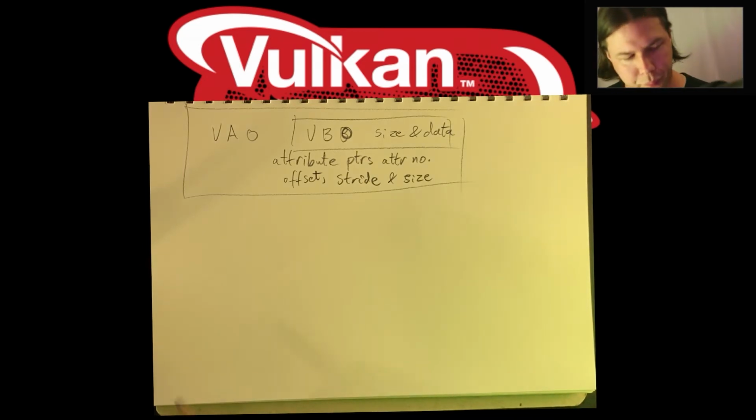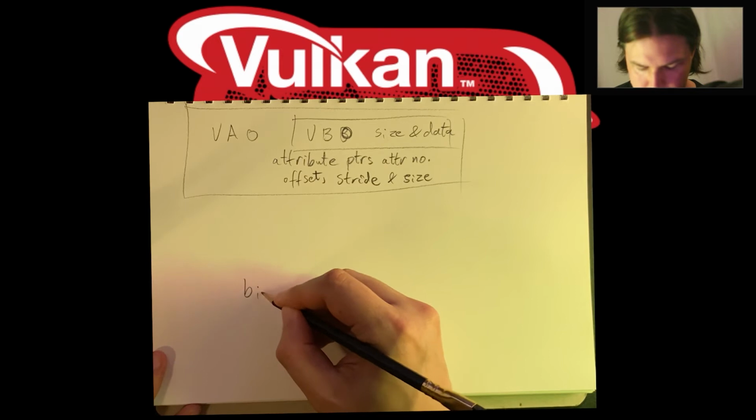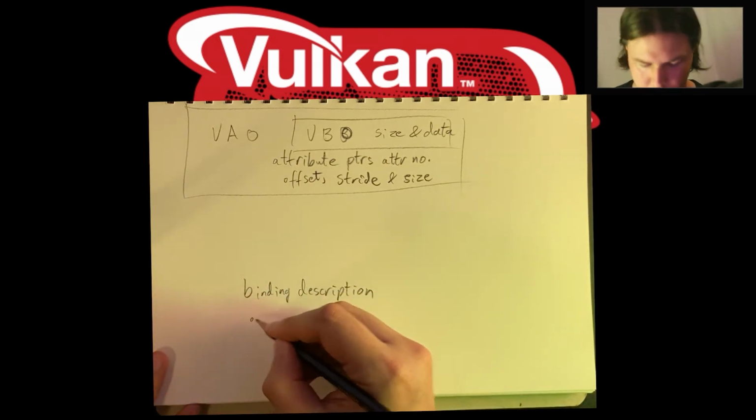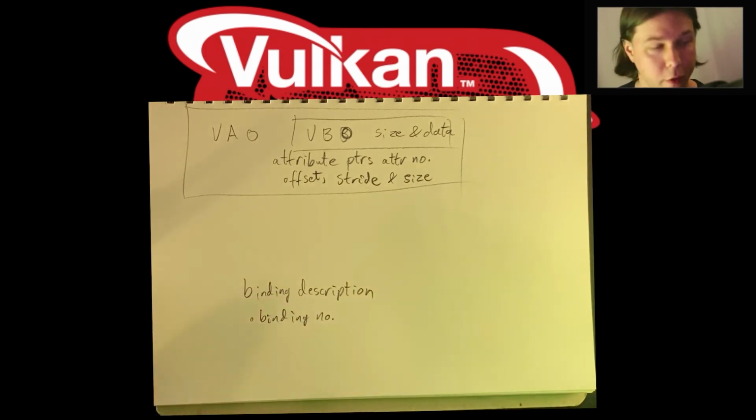So the way we deal with this stuff in Vulkan is analogous to this. We have what's called a binding description. And for the binding description, we specify a binding number. So we might have, this vertex buffer is binding number 0. This storage buffer is binding number 1.